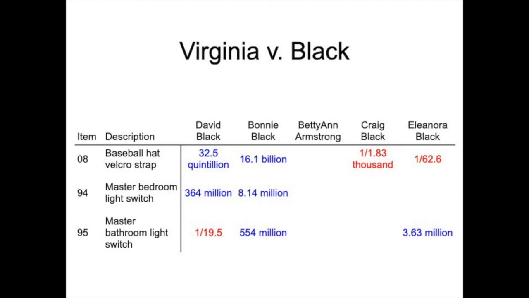And in addition to being able to separate out what's going on with relatives, by looking at all of these results, and this is typical with larger crime scenes, what we can see is that both the accused and the decedent left their DNA on the master bedroom light switch. But David Black did not leave his DNA on the bathroom light switch, which was argued that he wasn't regularly there, he wasn't supposed to be there.